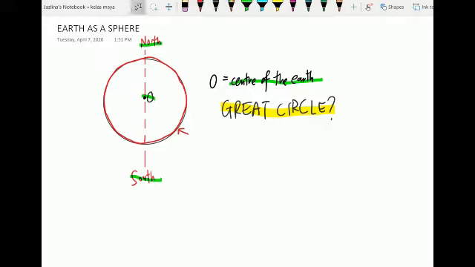And actually, how many great circles are there on the surface of this sphere? 1, 2, 3? Okay, the answer is infinity. Why? Because it can be here also.